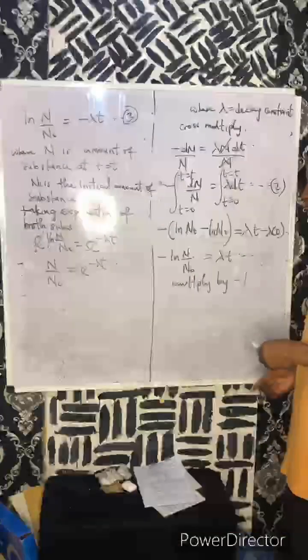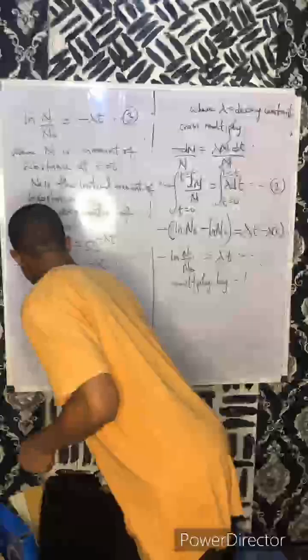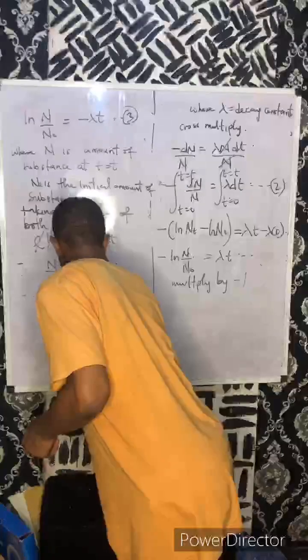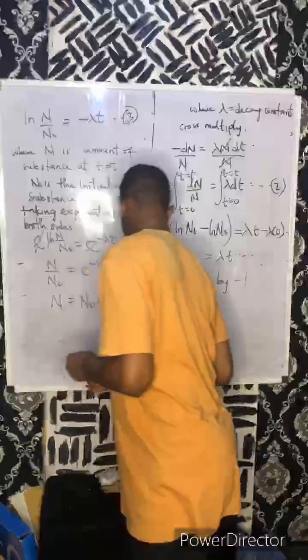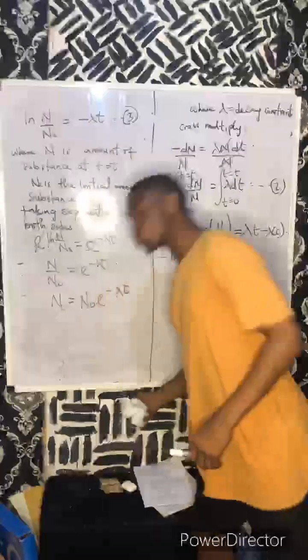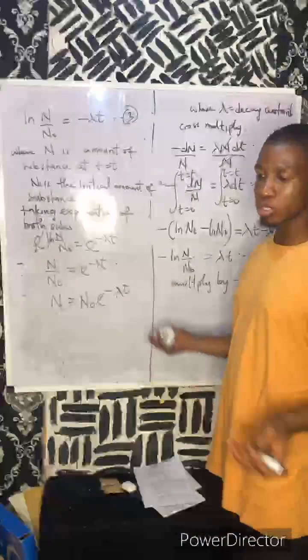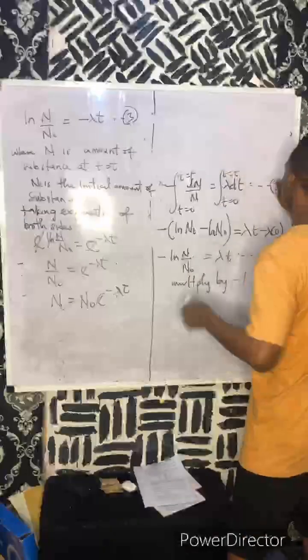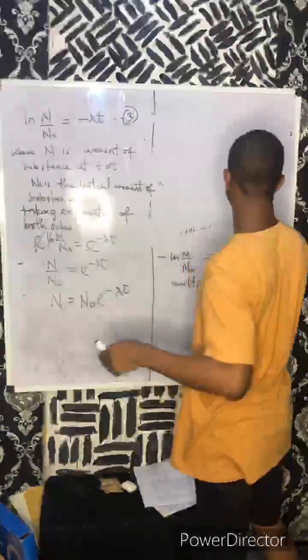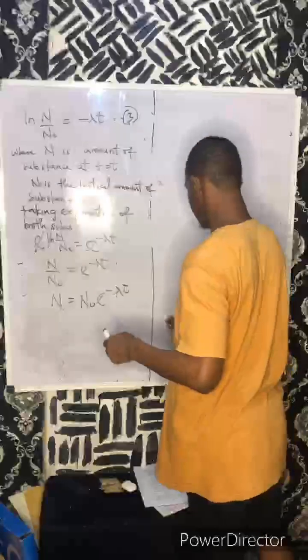At this point, you can make n the subject of the formula, right? So n is now equal to n naught exponential minus lambda t. But if you notice, we have still not shown the relationship between decay constant and half-life, right? So let's do that. Let's show the relationship between decay constant and half-life.